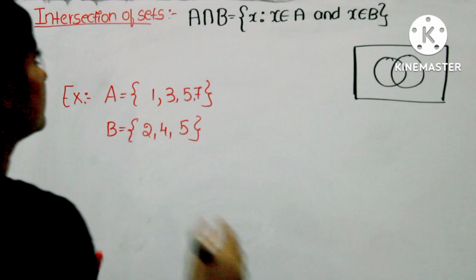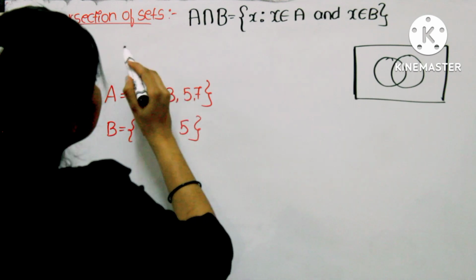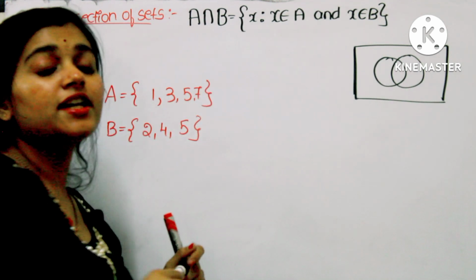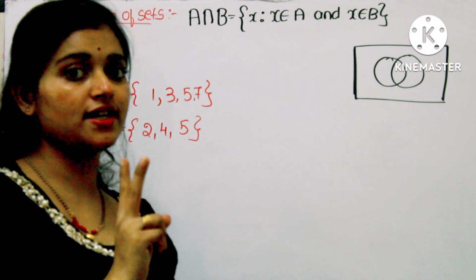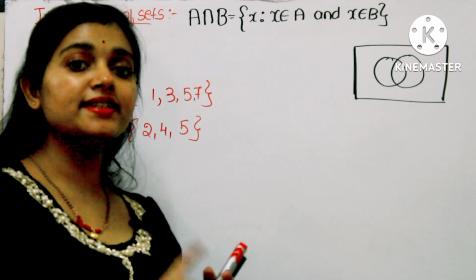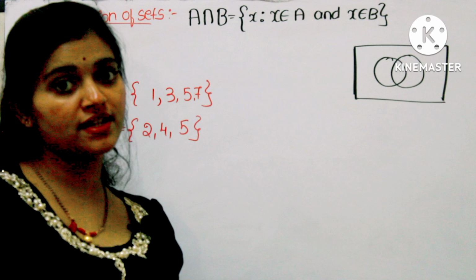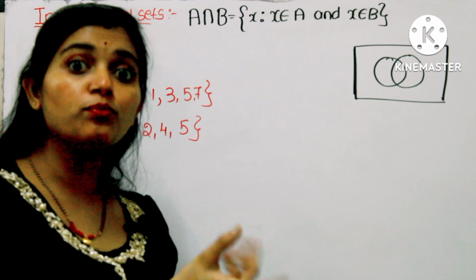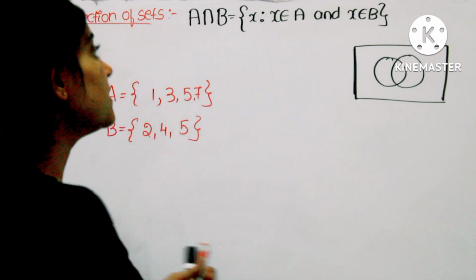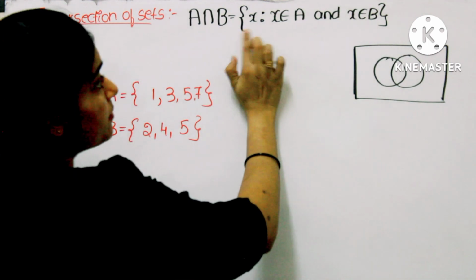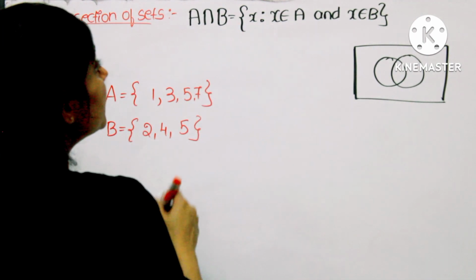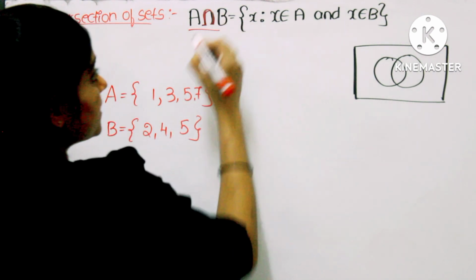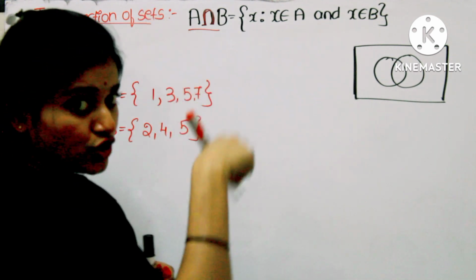So these are the properties of union. Next is intersection of sets. Intersection of sets means if there are two sets A and B, then the intersection of those two sets A and B is said to be all the elements which belong to both A and B. This is denoted by A intersection B. In union we write it as U, right?